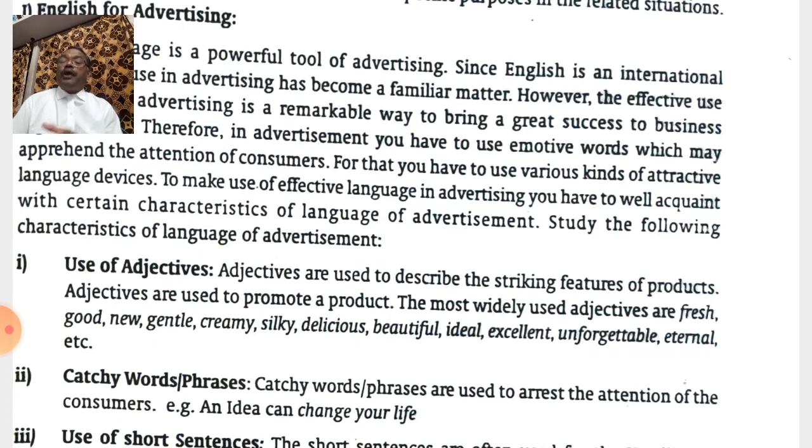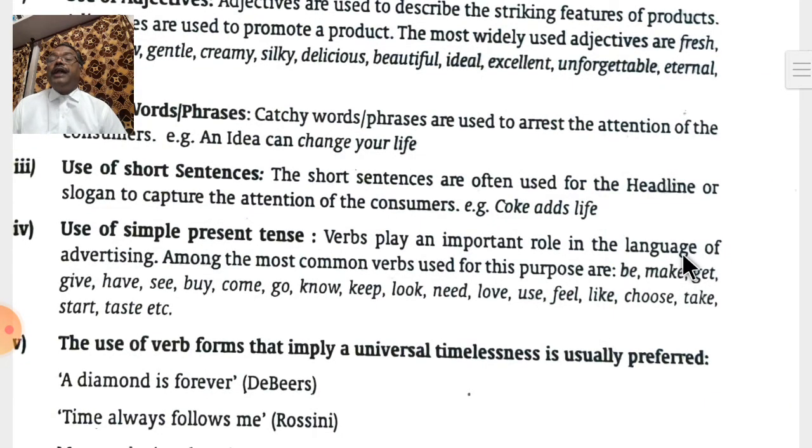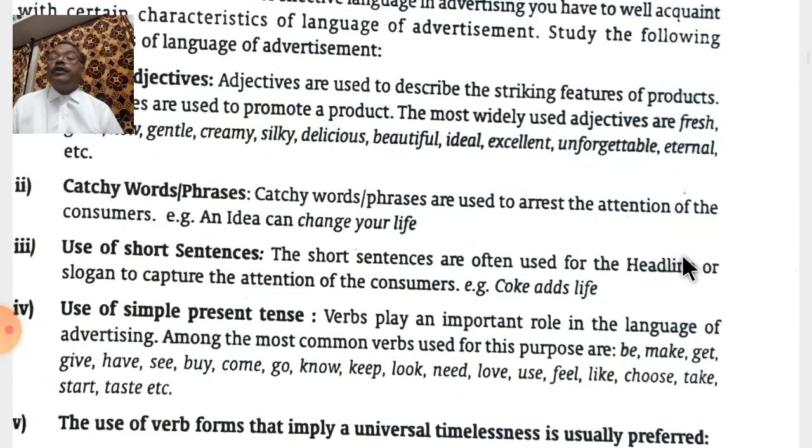Catchy words or phrases, catchy sentences, use of short sentences. Catchy words or phrases are used to arrest the attention of the consumer. An idea can change your life. Oh, what idea is it? Short sentences.